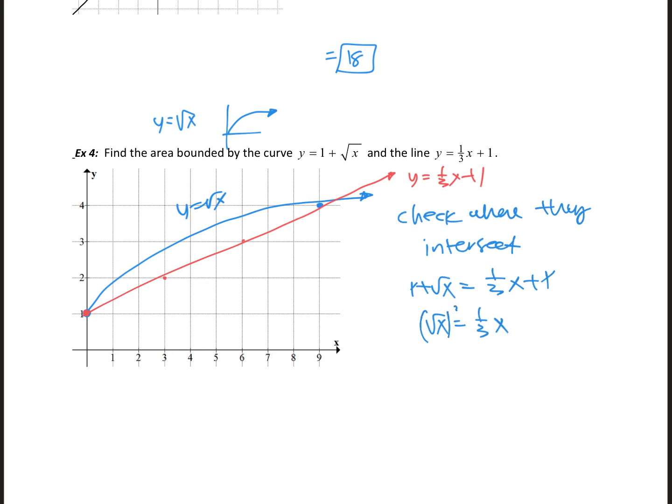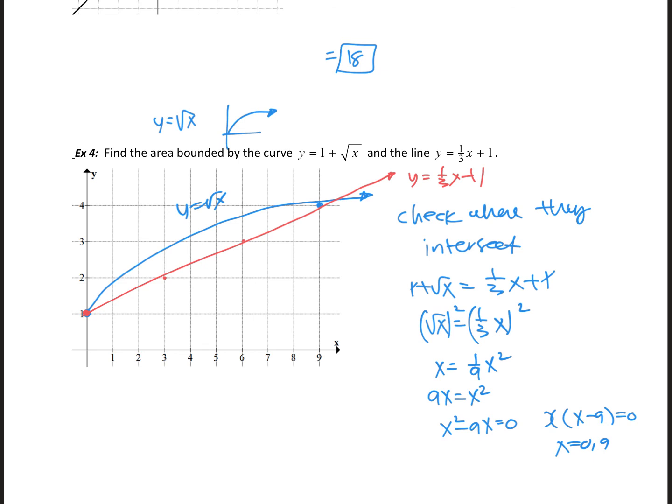Square both sides: x is equal to 1/9 x squared. That means 9x is x squared, so x squared minus 9x is equal to 0. Factoring, x times (x minus 9) is 0, so x is equal to 0 and 9. We knew that, but here I just want to verify. Sometimes the graph is misleading. Maybe they meet at 8.9. How do I know? I kind of knew that, but this tells you exactly.